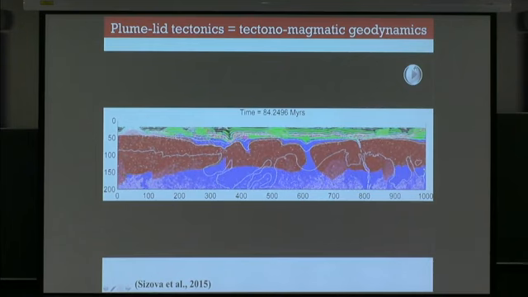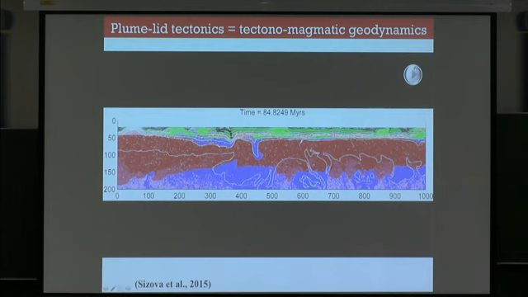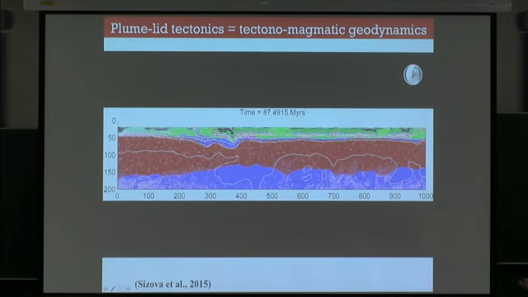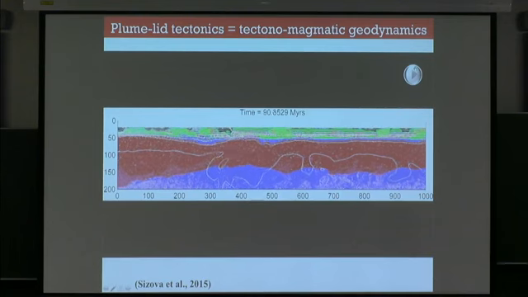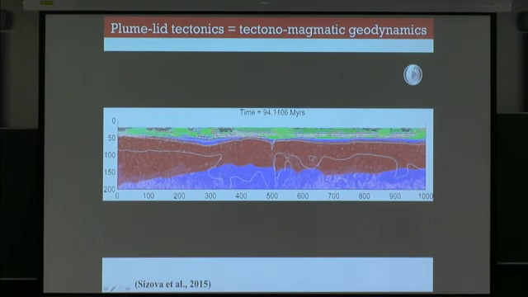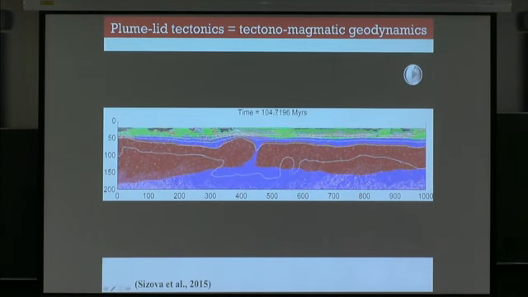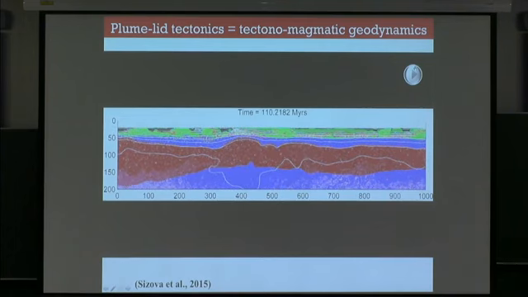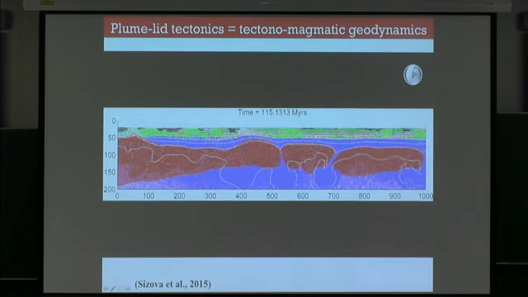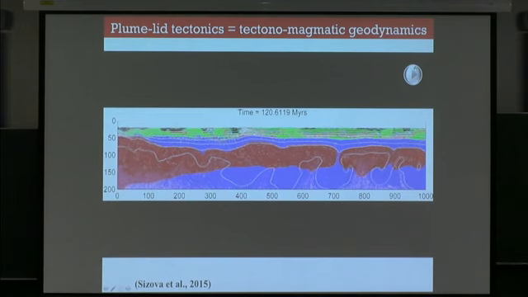So it implies that these tectonomagmatic interactions do not always imply vertical tectonics. Due to this tectonomagmatic interaction and due to mechanical and magmatic differentiation, you can get oceanic-like domains, ultra-slow spreading, and continental-like domains within the same framework.